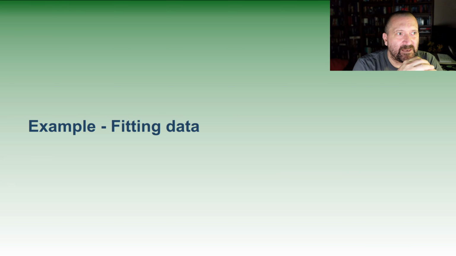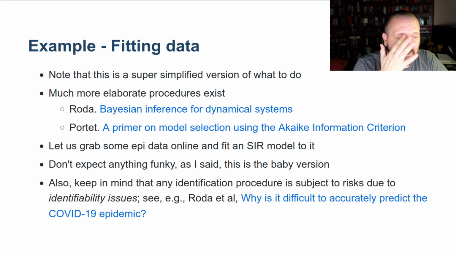And now the last example that I want to look at, and that I'll look at a little bit with an R session running later, is fitting data. Before I start, let me explain what this is about. I'll point out to start with that this is a super simplified version of what you end up doing.